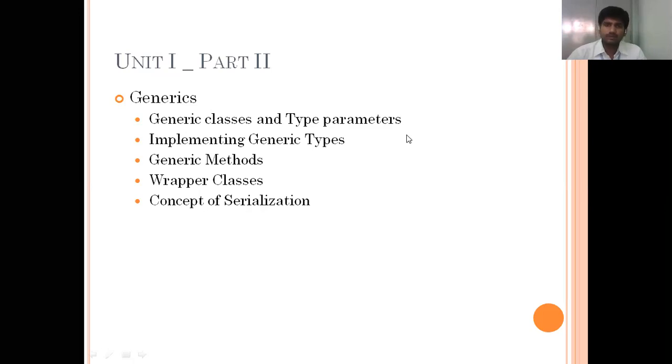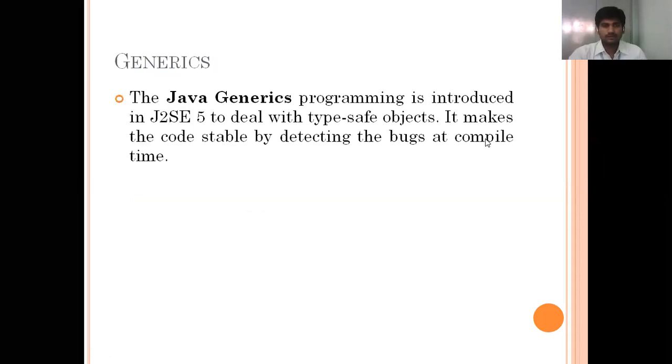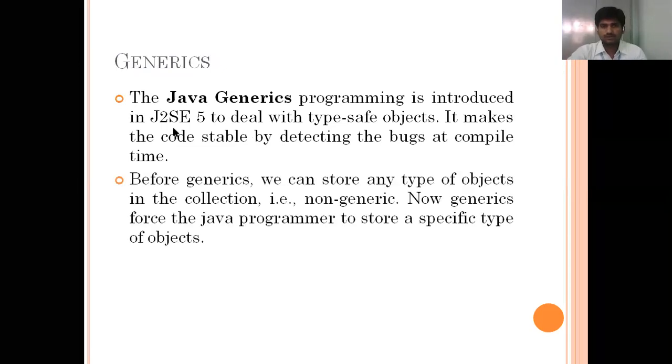So we already saw that. So what is generic? As I told you, generics came in Java 5, and it provides type safety. What is type safety? Type safety means the values are all included as objects.